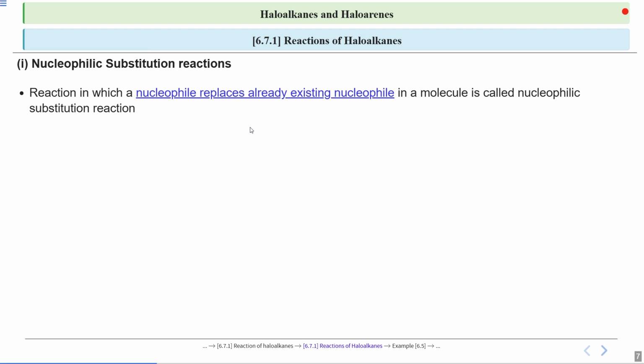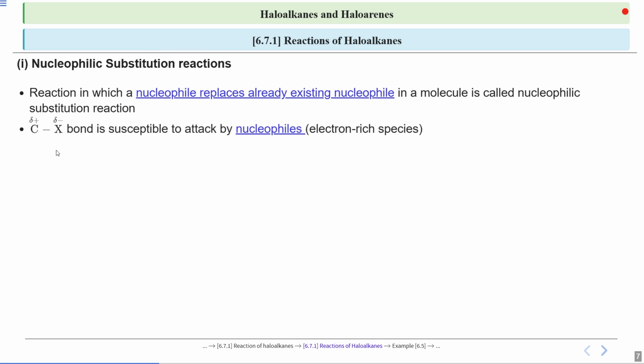That kind of reaction is called nucleophilic substitution reaction. So the nucleophile is undergoing the substitution process. One nucleophile replaces the other in the molecule where there is already an existing nucleophile, right? This nucleophilic substitution is happening in the reaction, and that reaction is called nucleophilic substitution reaction.